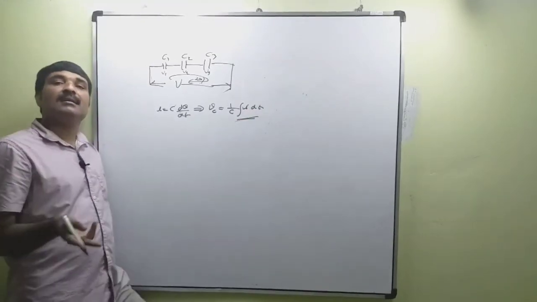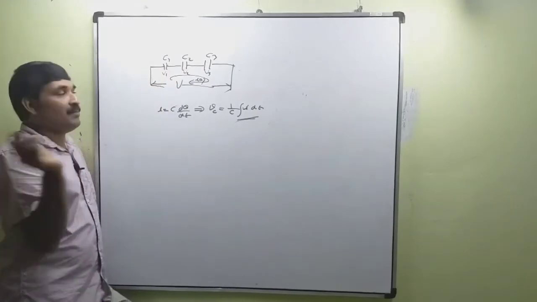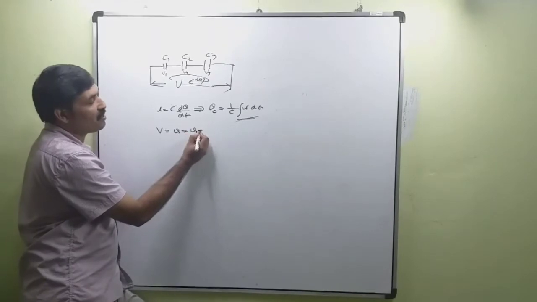Since it is a series connection, current passing through each capacitance is the same. So we can write V is equal to V1 plus V2 plus V3.